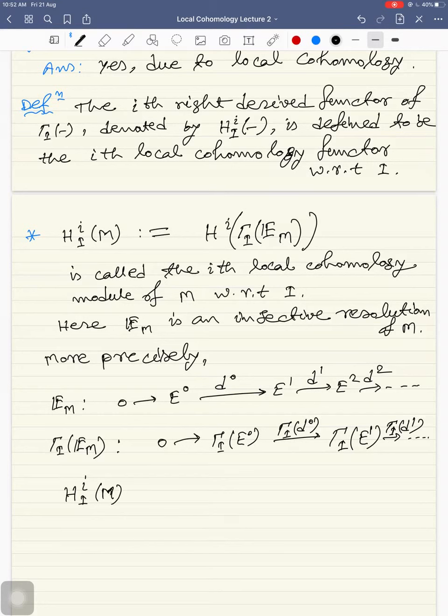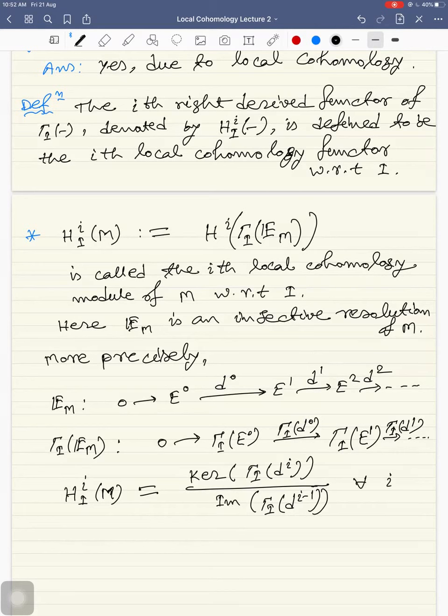Then the ith local cohomology module of M with respect to the ideal I is defined to be the ith cohomology. And what is that? It is just the kernel of the ith map after applying this I-torsion functor, gamma I of d i, modulo the image of gamma I of d i minus 1. Okay, and this is true for all i.